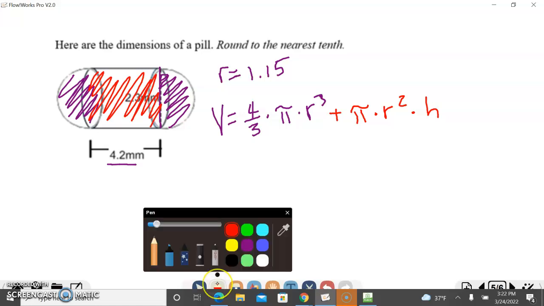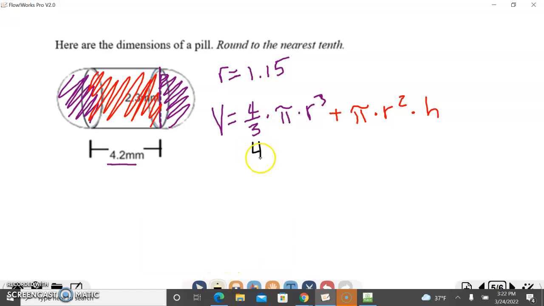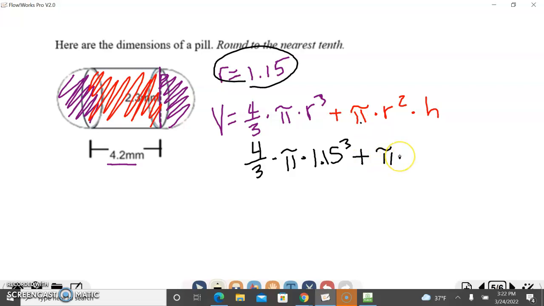So now we just need to substitute in our information here. We've got 4/3 times pi times, here's our radius, which is 1.15 to the third power, plus our pi times our radius again, 1.15 to the second power this time, and then times our height.